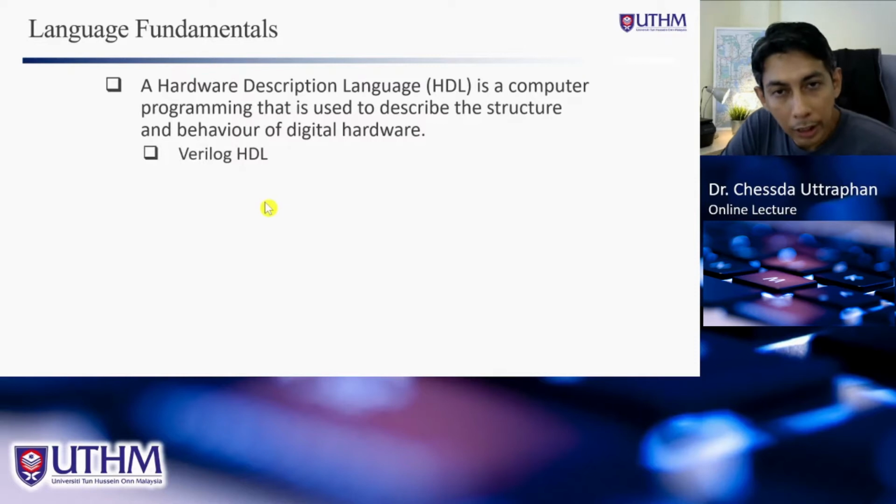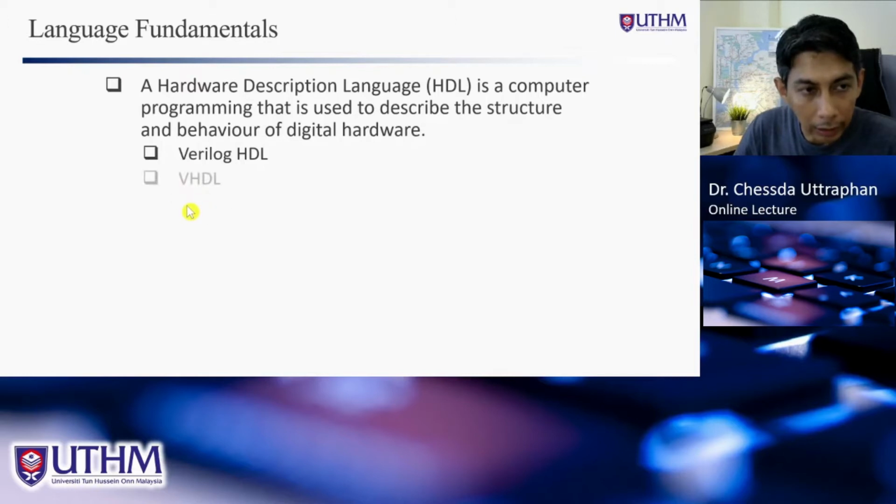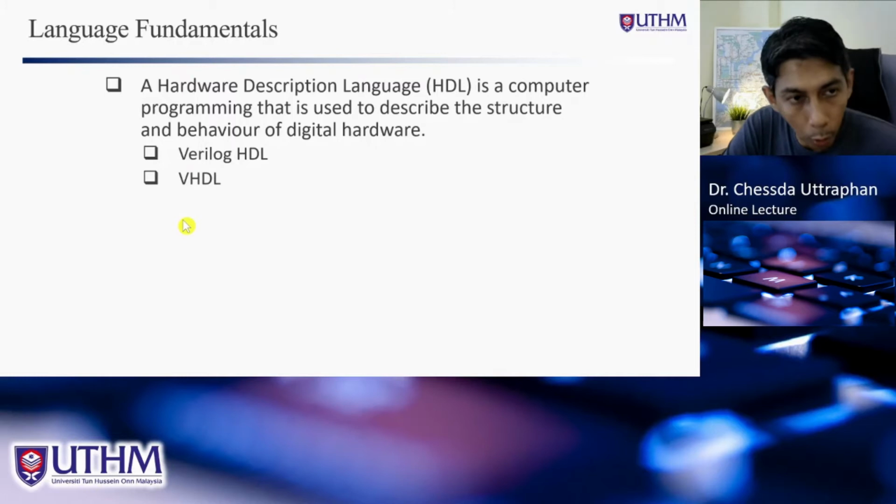The hardware description language is a computer programming language that is used to describe the structure and behavior of digital hardware. Just like I said before, this is the language to model the hardware. There are two popular languages available.